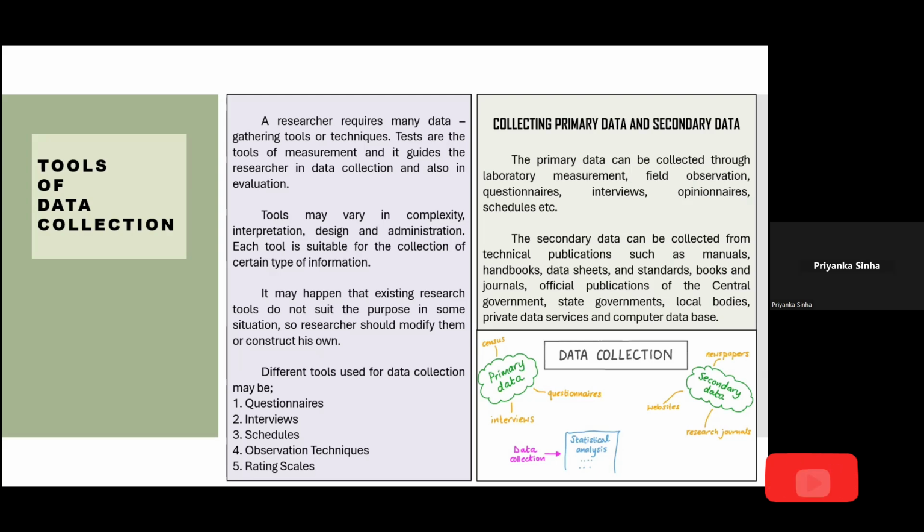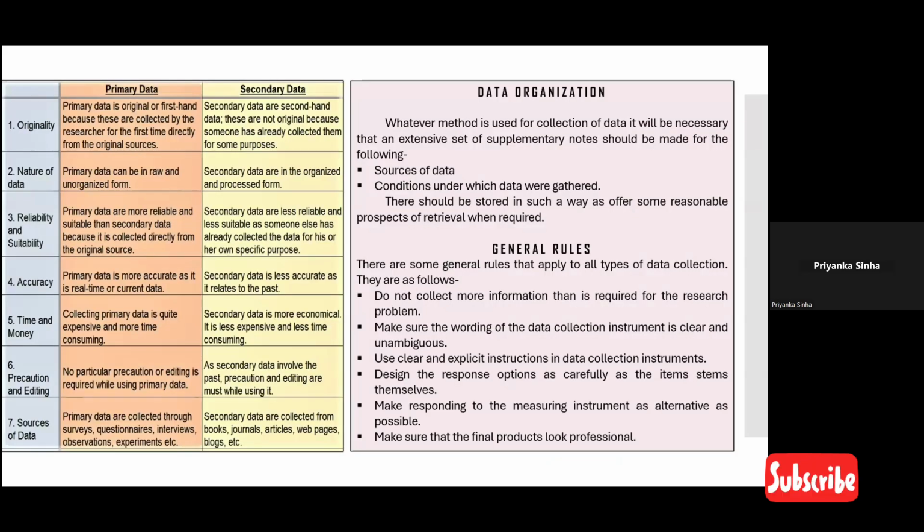Primary data can be collected through laboratory measurement, field observations, questionnaires, interviews, schedules, etc. Secondary data can be collected from technical publications, data sheets, research papers, manuals, journals, and others. Here is the difference between primary data and secondary data.